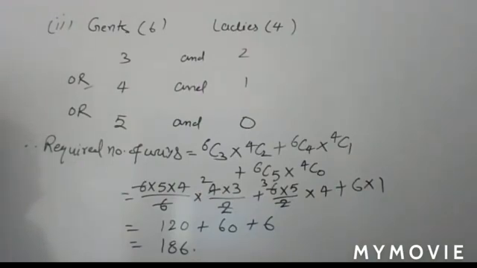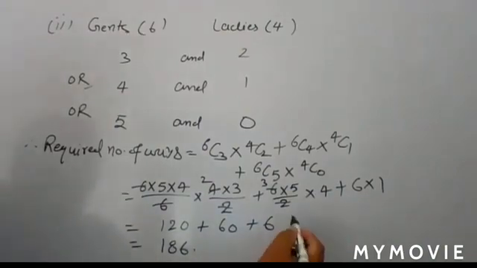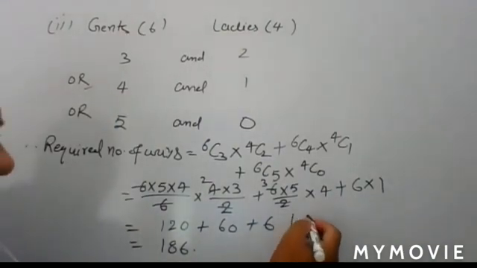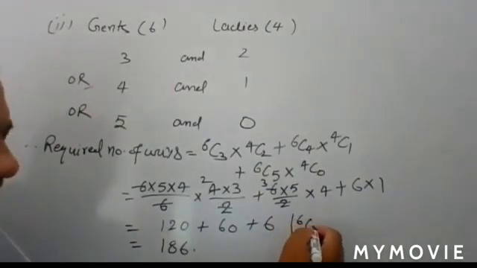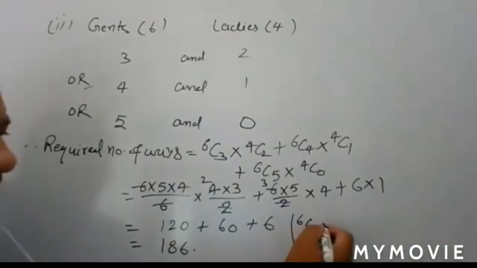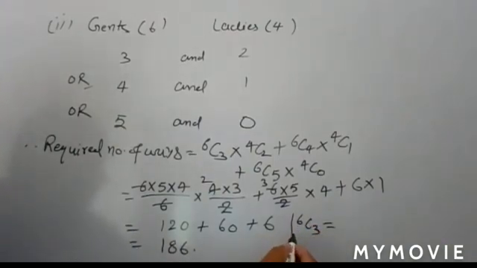Sir, how is the value of 6C3 being written, 6 into 5 into 4? Whose value, just wait. 6C3? Okay, how is the value of 6c3 written? If you have 6c3, you start with 6 and make 3 factors decreasing by 1.